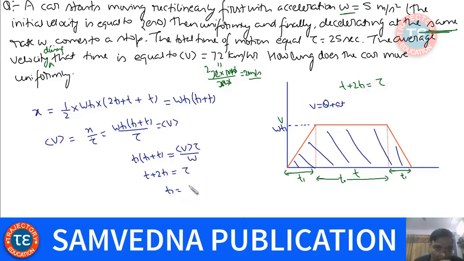So from here we get t1 as tau minus t by 2.